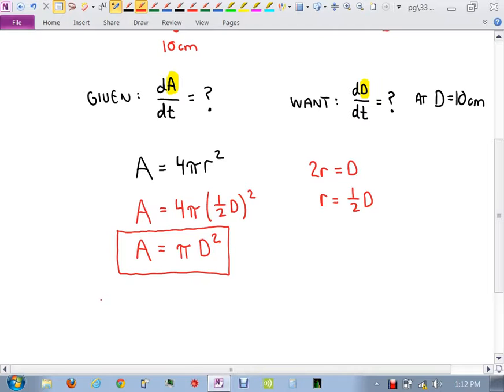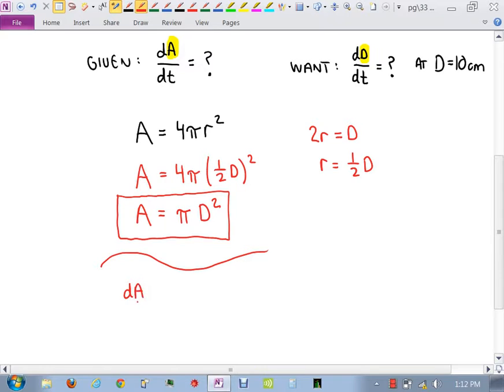Remember, the order that we do that is important. You don't stop the snowball from melting and then say how fast is it changing. You take the derivative, treating the diameter like a variable, and then after you find the derivative, you say, okay, I'm going to stop it and plug in 10 for d. So what is the derivative of this?